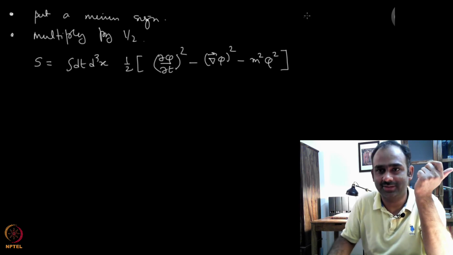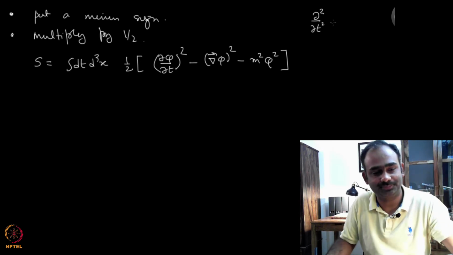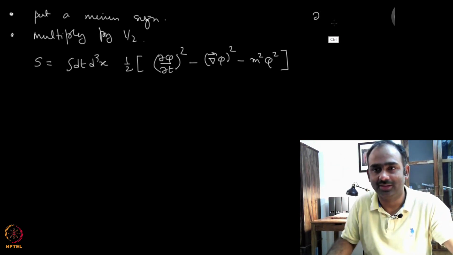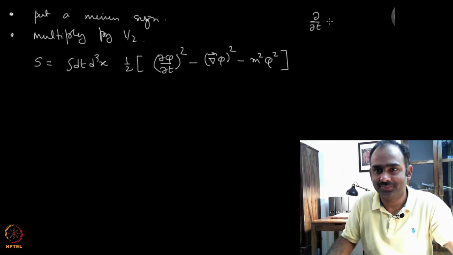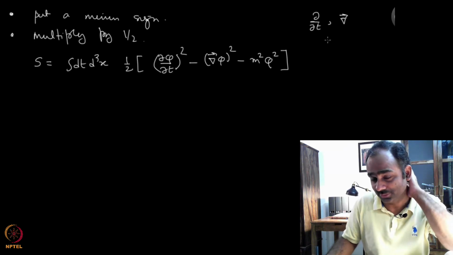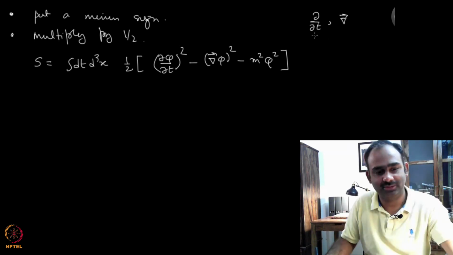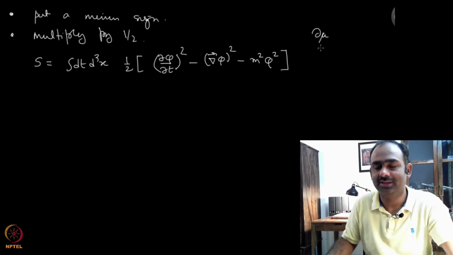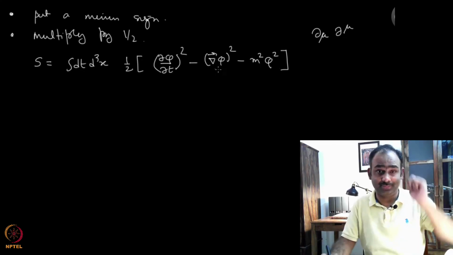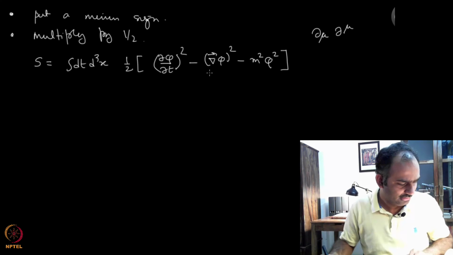Because you have del over del t and the gradient. So if you look at del mu, when you contract this with that, that's going to give you a relative minus sign.